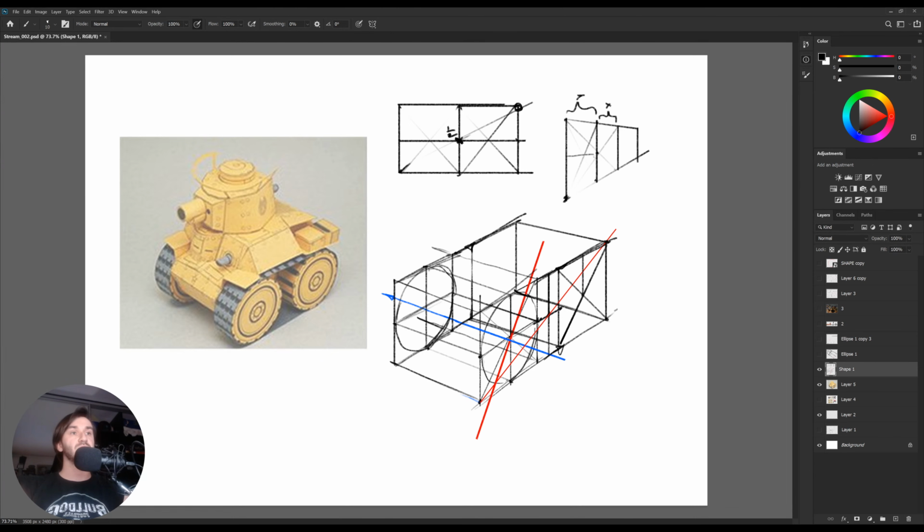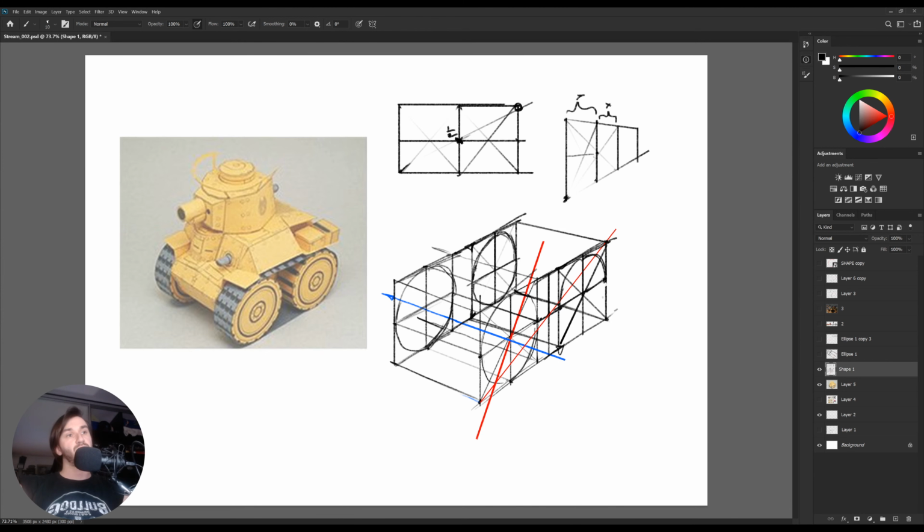Even if you want to draw a really simple thing like this tank, which is basically a really simple model, you still get really complex geometry for it if you want to get everything correctly and really understand what is actually going on. Now I can say that I understand what is going on here.